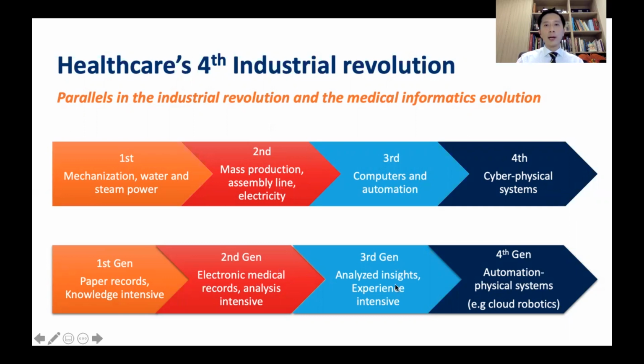But we're moving towards AI, where AI can give predictions and generate decision support systems that help us make better decisions for our care of our patients. And the next step is really to move towards what we term as cyber physical systems, such as cloud robotics.